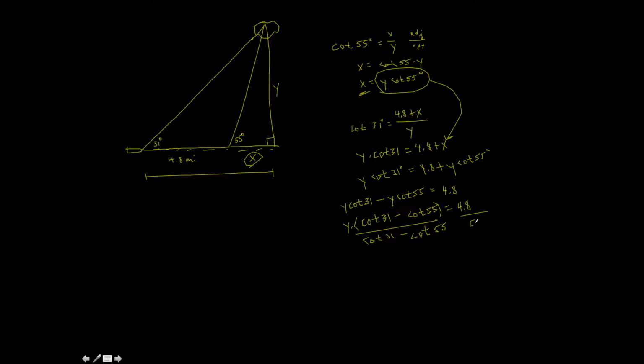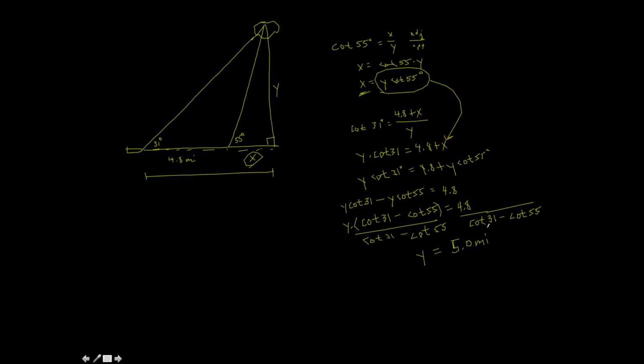So divide that out, and what you should get here, to two significant digits, is 5.0 miles. And that's as close as the boat will be to the Rocky Point.